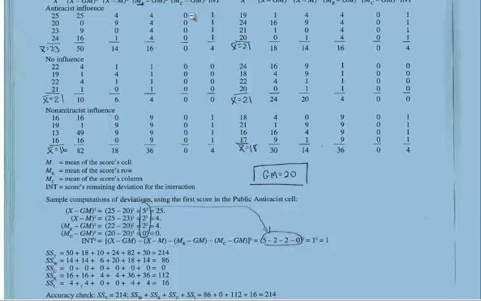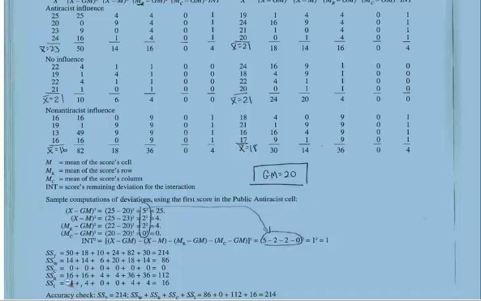So in this case, the sums of squares for columns for every single cell is 0. So it's going to be 0 plus 0 plus 0 plus 0 plus 0 plus 0 equals 0. That tells us that there is no variability between our columns and our grand mean.